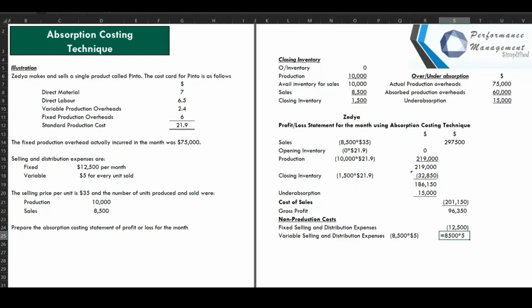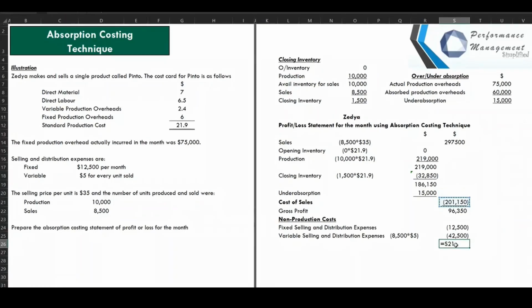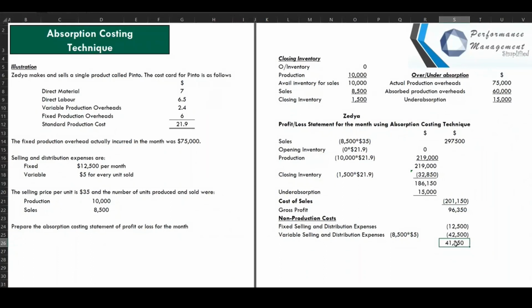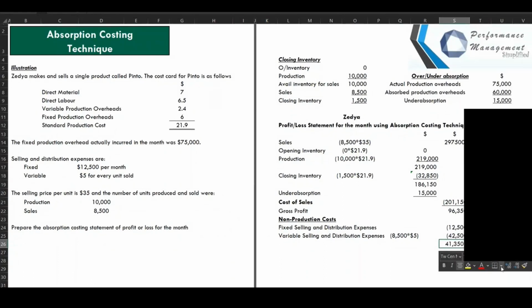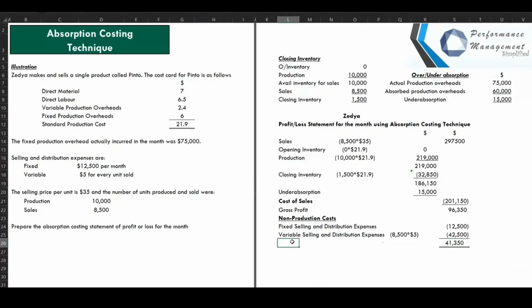I can easily put that in negative as well, so as to show that it's going to be a deduction. So then we have to take away the non-production costs from the gross profit, to come by our net profit. So here we have our net profit to be 41,350.